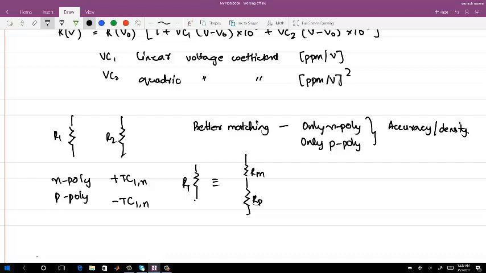Means the effective resistance looking in this terminal is a temperature compensated one. Okay. So I can use that. So depending on what you need, you can have a different combination.